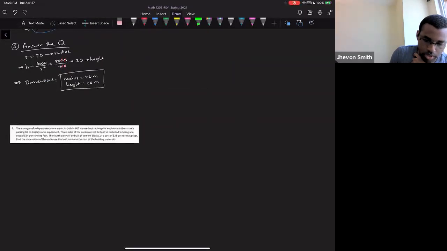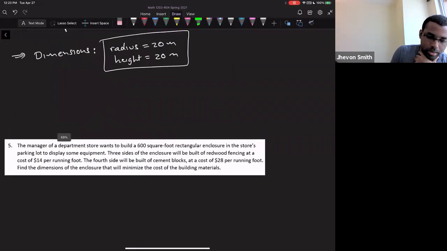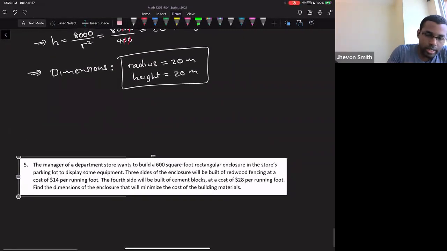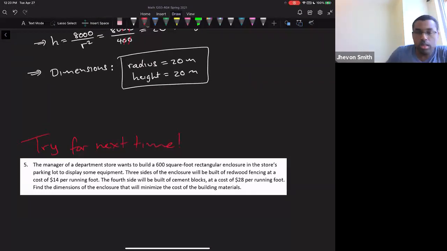That being said, I want you to try this for next time. Tell me what you get. We're going to finish optimization, which is the end of chapter 4, which is the end of the derivatives part of this course. We're going to start talking about the other part, integration, which, yeah, I know it seems like, oh, we spend the entire semester on like limits and derivatives and we only have a little bit for integration.